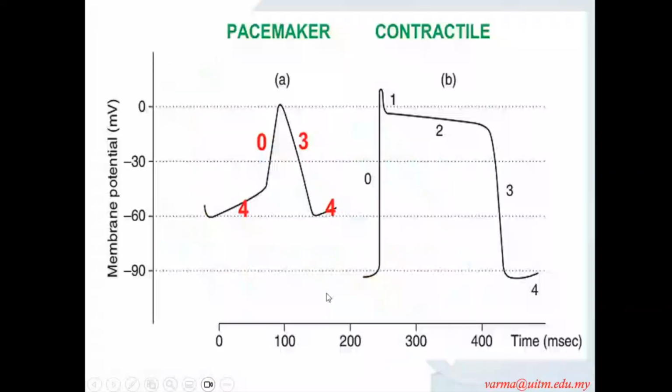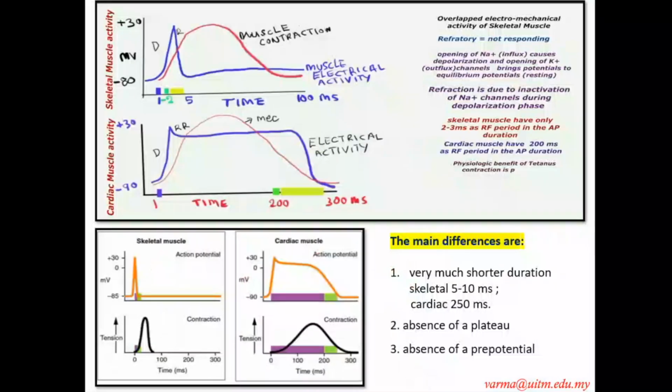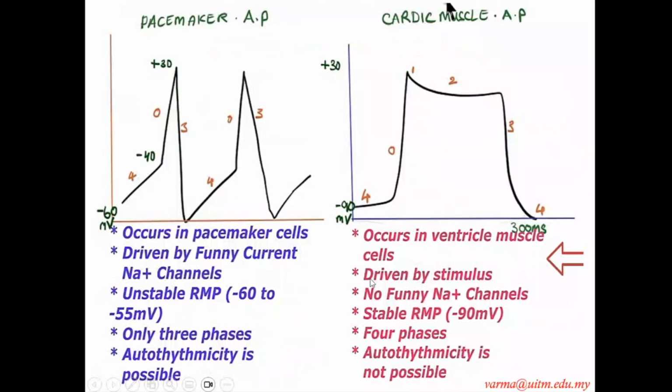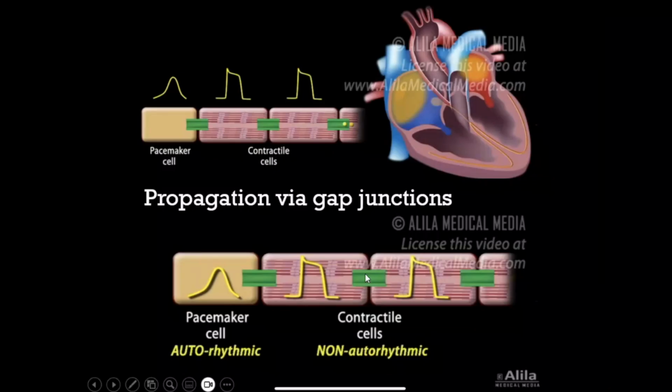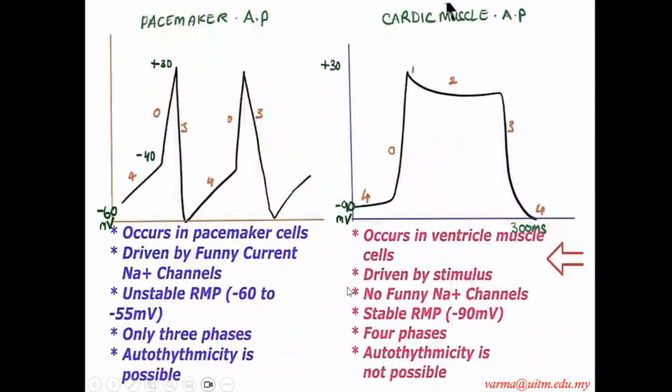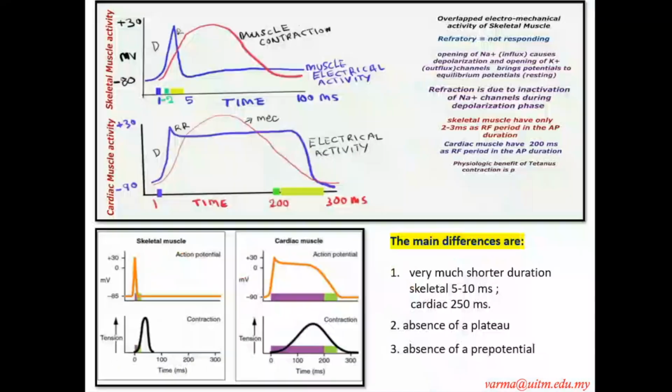Sorry, what I want to say is the absence of a pre-potential in your cardiac. In cardiac, you see from here it directly shoots up with the stimulus, whereas in your skeletal muscle you will have a pre-potential, if I'm not mistaken.